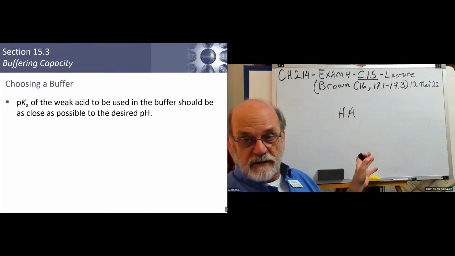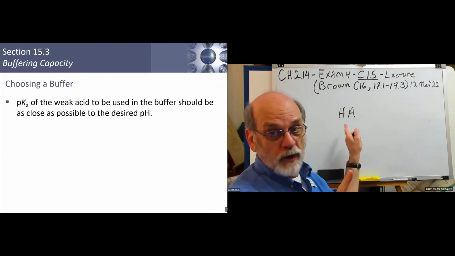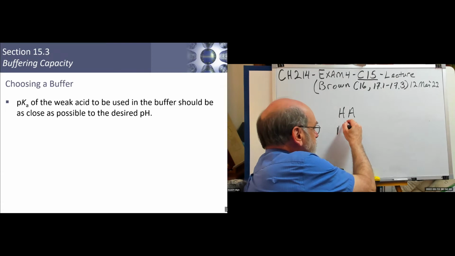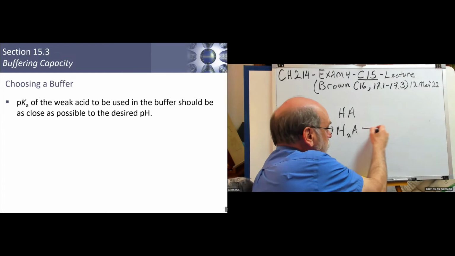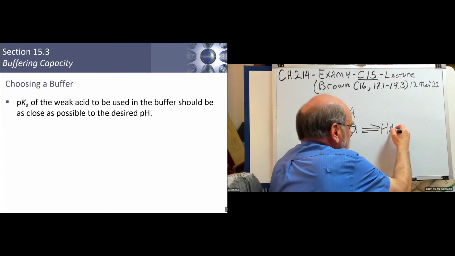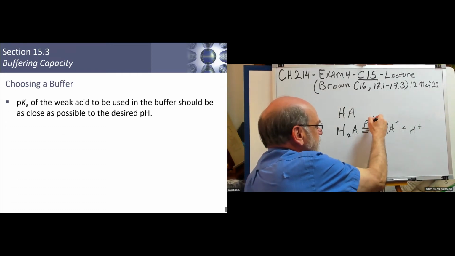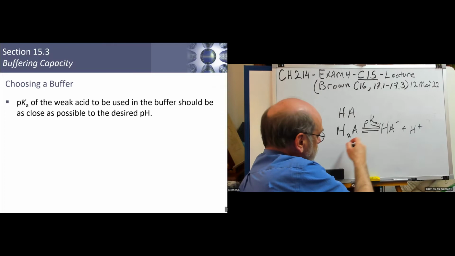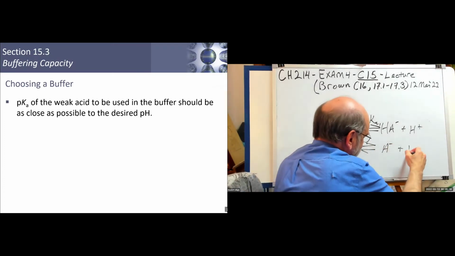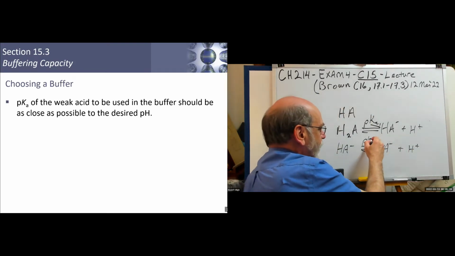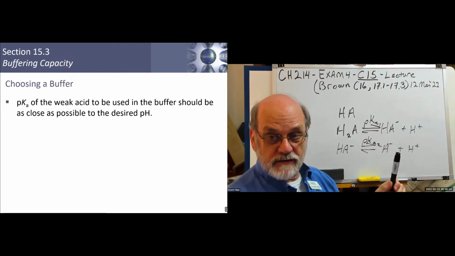Now, just as a point of interest, if we have this as our weak acid, it only has one pK because there's only one proton. But if we have this, remember, you get a pK for this reaction. You get a pKa1, and then for this reaction, you get another pK. And these will occur at different pHs.